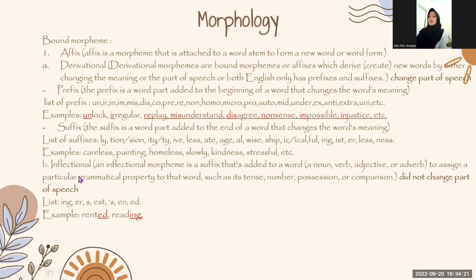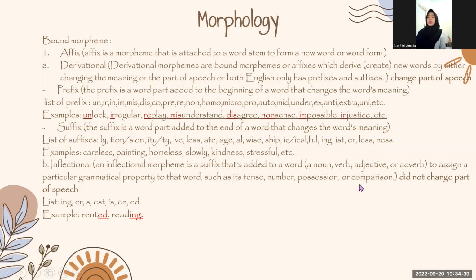And then there's also inflectional. Inflectional morphemes are suffixes added to a noun, verb, adjective, or adverb to assign a particular grammatical property to the word, such as its tense, number, possession, or comparison.